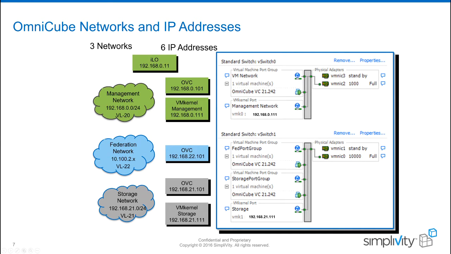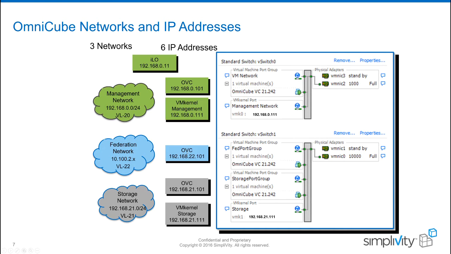On the ESXi physical node, one is for the iLO, one for the ESXi management VMkernel, and one for the OmniCube virtual controller. These are all three IPs from the management network.